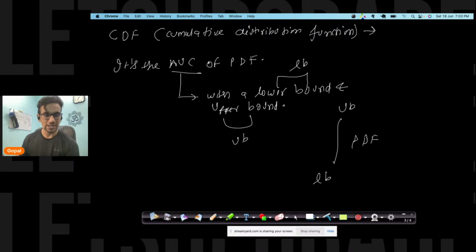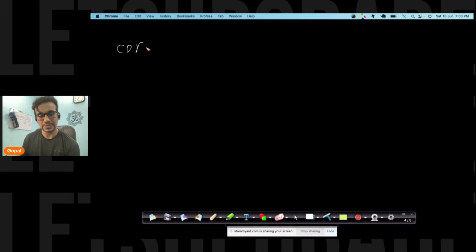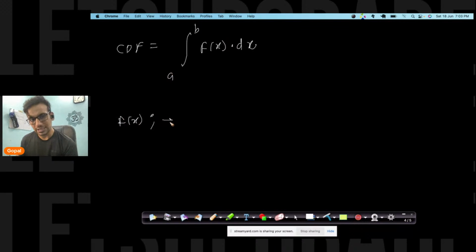So if I give my CDF, how exactly can I give it? Let's say A to B, where my lower bound will be A and the upper bound will be B, for f of x dx. And your f of x in this case is your probability density function.